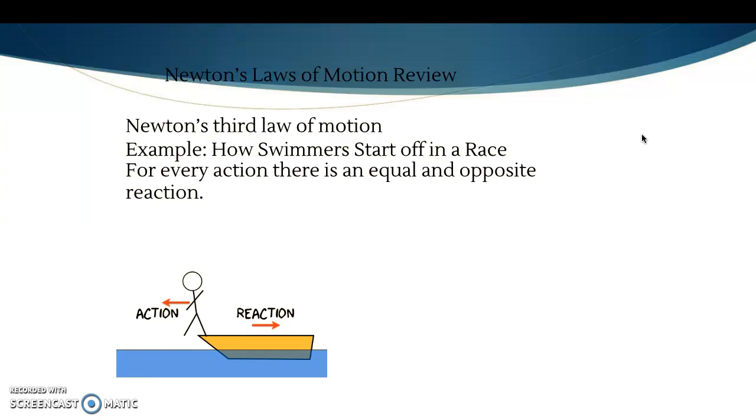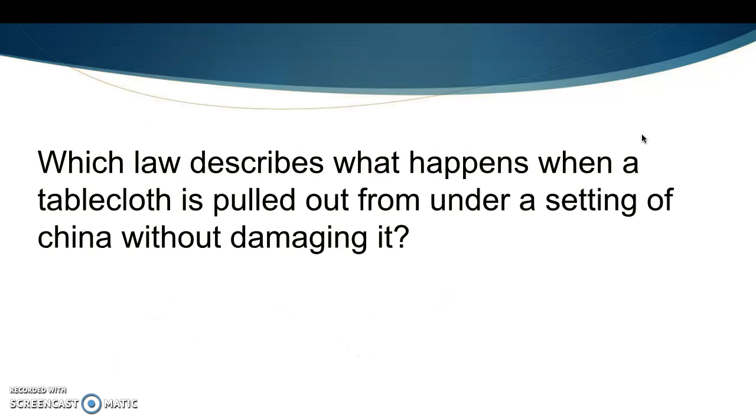The person is jumping from the front of the boat in one direction, they are pushing off, and the boat is going in the opposite direction. There you have your action and the reaction to your action. This is what is occurring here, Newton's third law of motion.